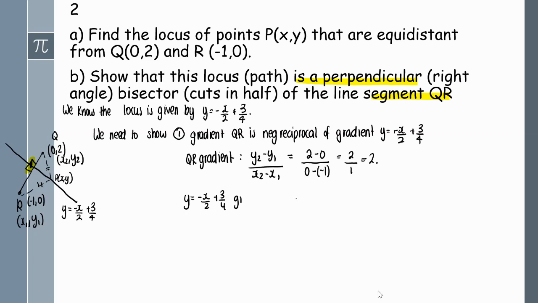Now my gradient of y equals minus x on 2 plus 3/4 is a little bit easier to find. That will just be the constant in front of the x, or minus a half. I multiply these two gradients together, 2 times minus a half, and I do indeed get negative 1.